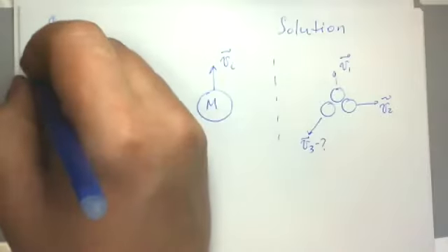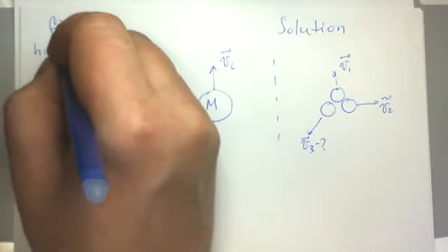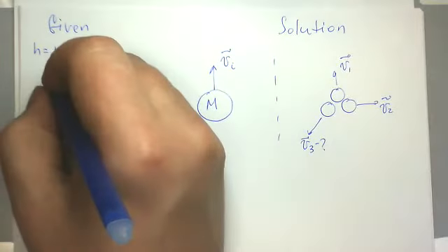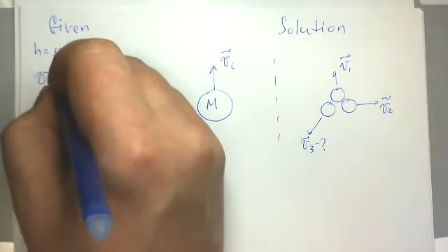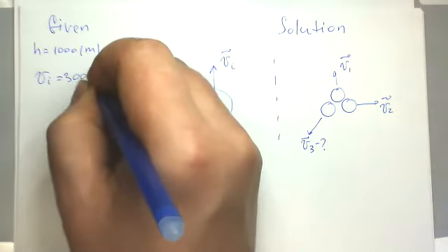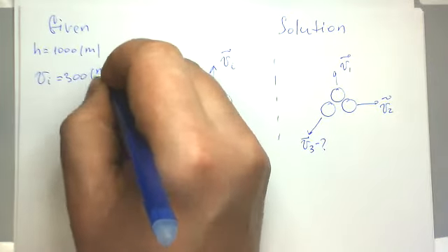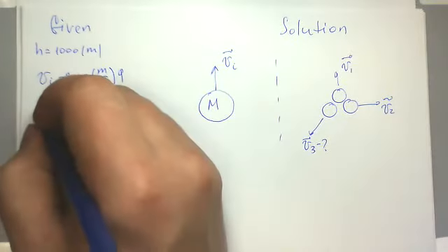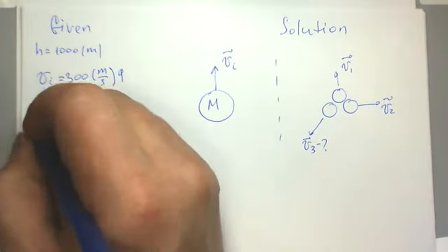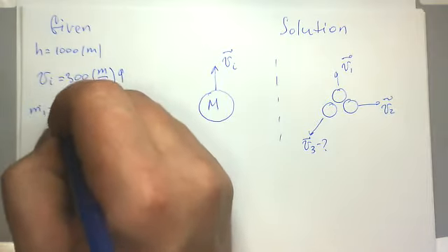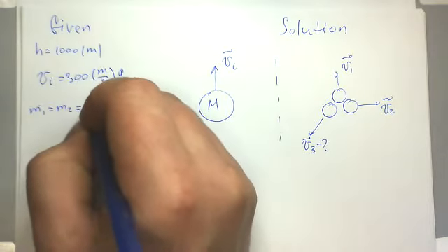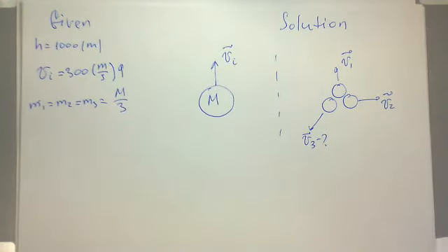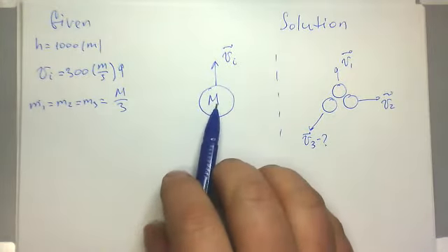Okay, so now let's collect what is given in the problem. It reaches an altitude of 1000 meters, but in general, we don't need this information. The initial speed of the rocket is 300 meters per second, directed upward. They have the same masses, so let's say that each piece has a mass m1, m2, m3, and it's equal to the mass over 3, if we introduce the mass of the rocket as m capital.